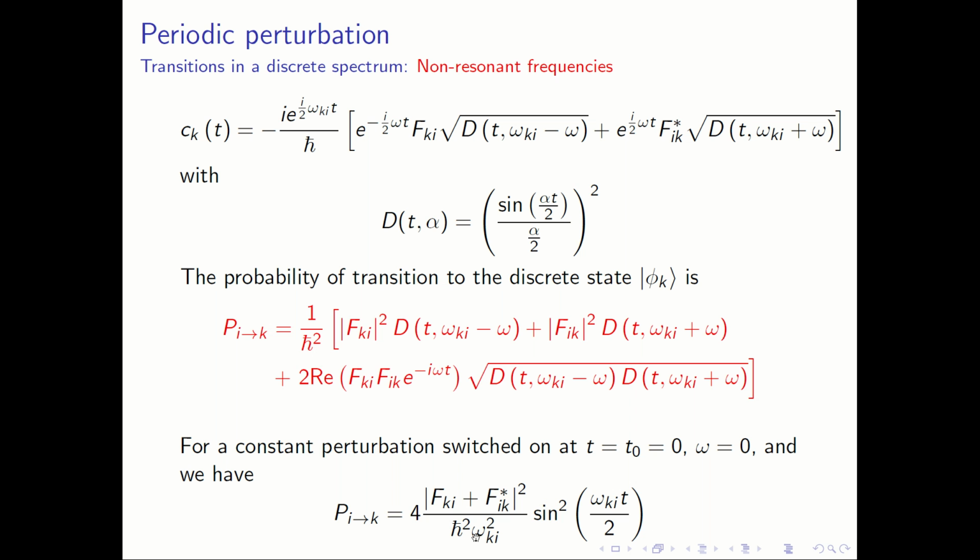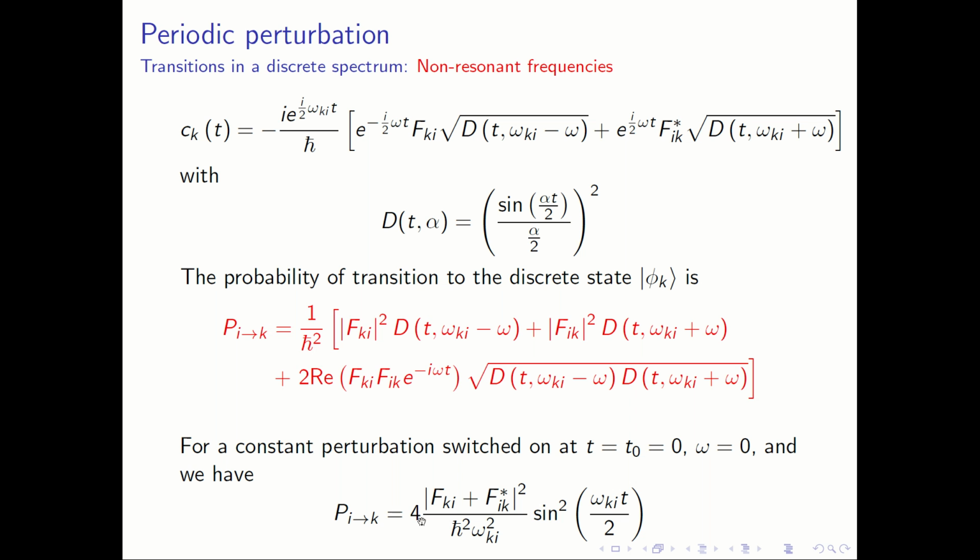And also let me point out that what is sitting in the denominator here is the energy difference between the two states, and if your perturbation is going to be a valid perturbation, or at least going to be something you should be able to treat like a small perturbation, then this ratio, fki plus f star ik mod square, which essentially is the matrix element of v mod square divided by the energy difference h cross square omega ki square, should really be small.